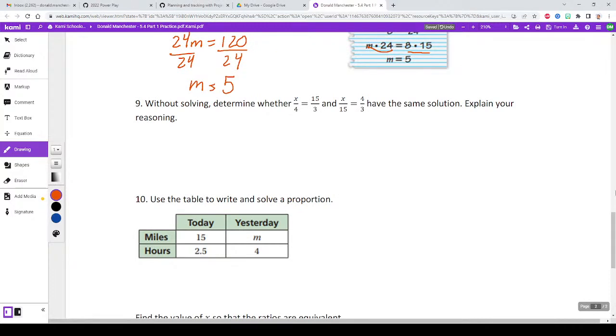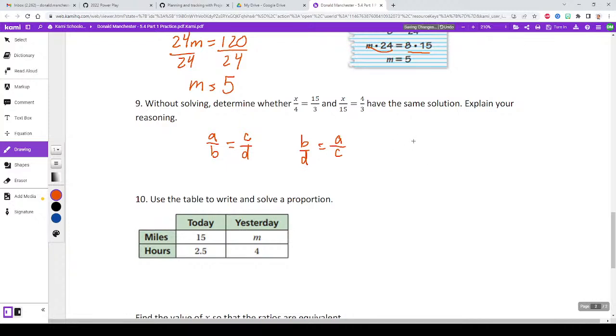Without solving, determine whether they have the same solution. Take a look at reasoning. Okay, so if we look here, the 3 is associated with the 15. The 4 and the x are together. The 4/3 here, the x and 15 there. These are all set up in the same location. What I'm talking about is this. If you go a over b equals c over d, if you start to rotate things around, a over c equals b over d is also the same proportion.